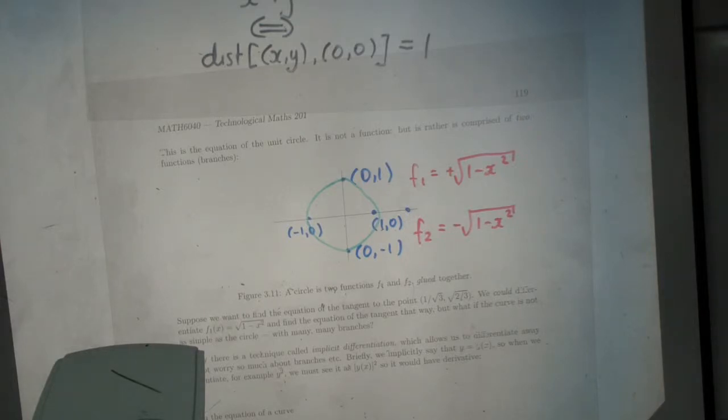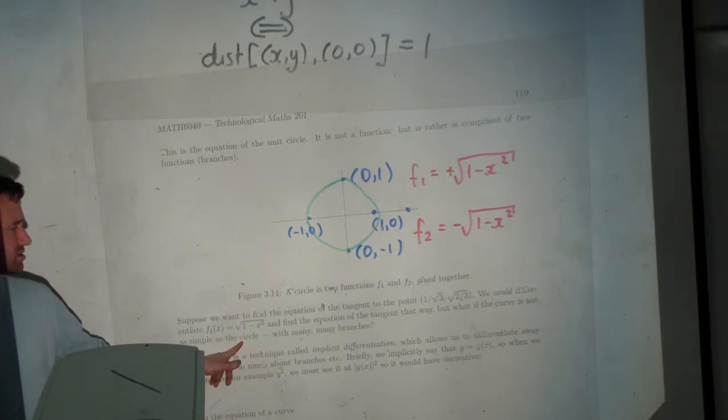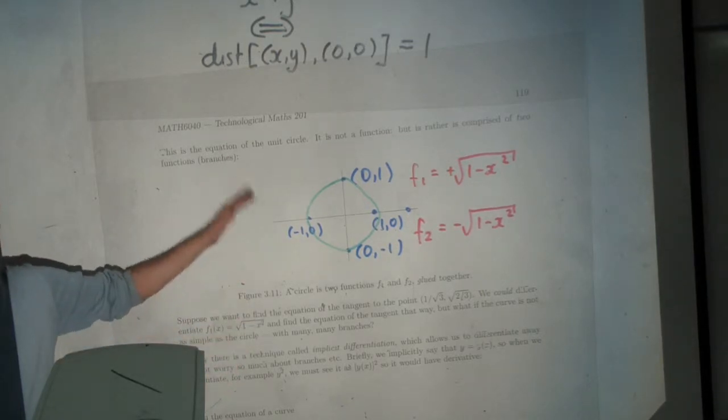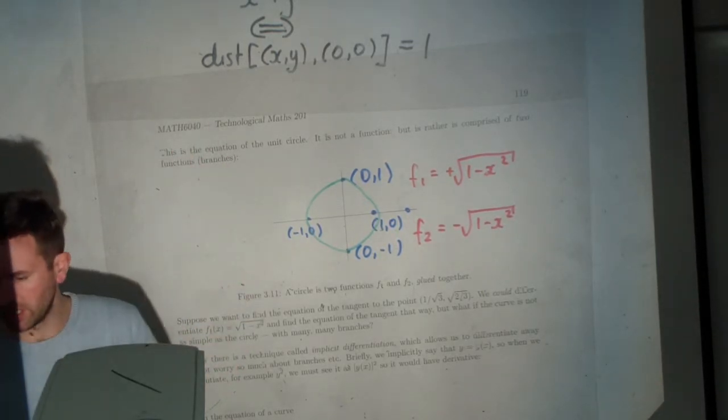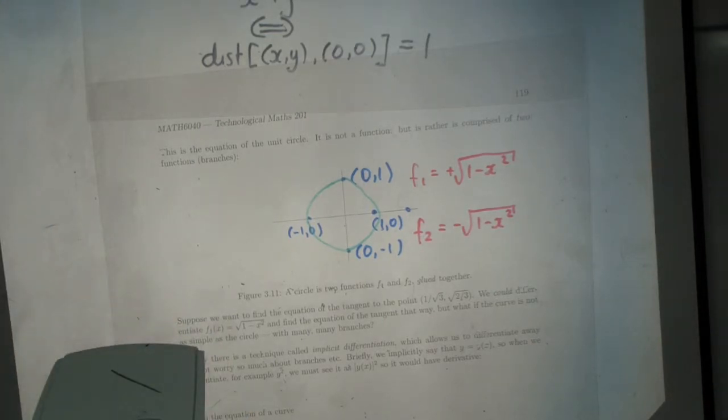In theory, you could find slopes of tangents like that: take the equation, solve it for y, get the function, and then differentiate it. But the problem is as soon as the curve is any bit more complicated than a circle, you can't find all the branches.